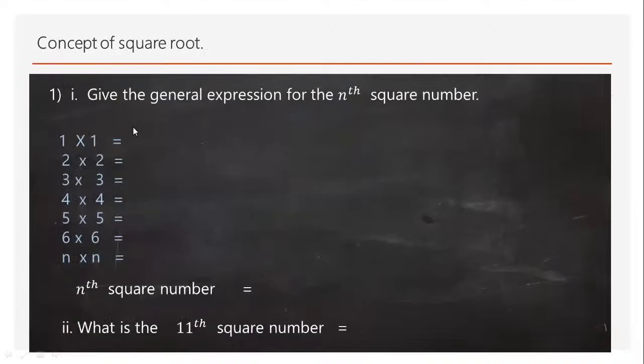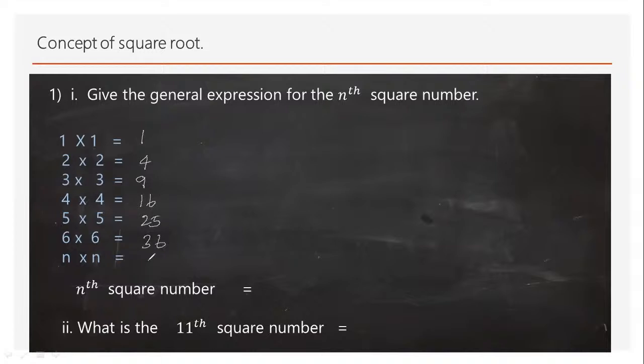Here, give the general expression for the nth square number. So now we are going to learn that, right? If a number is multiplied by itself, we can obtain the square number. Right? Now 1 times 1, 1. 2 times 2, 4 here. 3 times 3, 9. 4 times 4, 16. 5 times 5, 25. 6 times 6, 36.